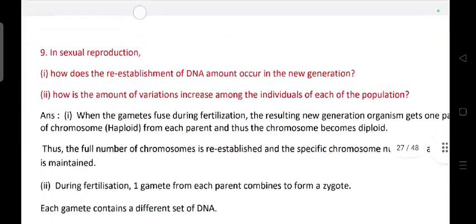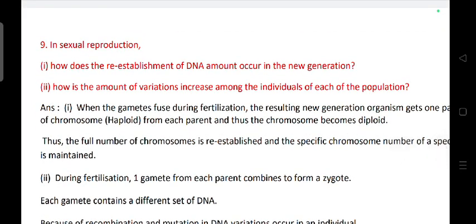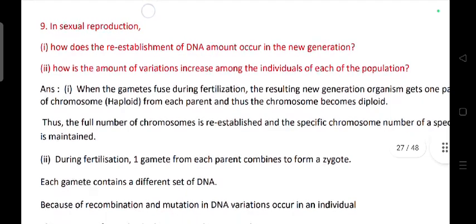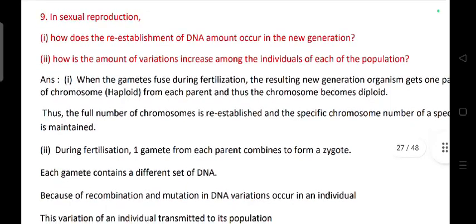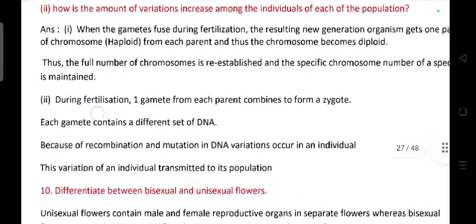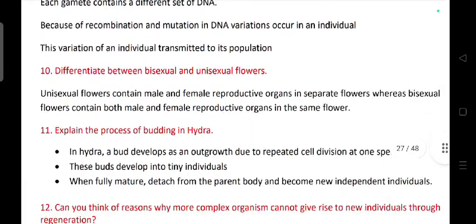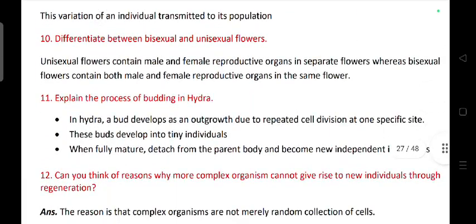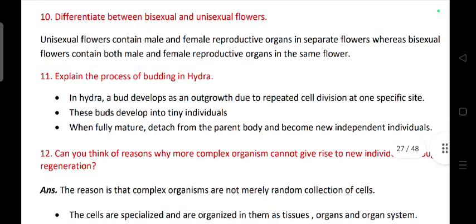Next, question number 9. In sexual reproduction, how does the re-establishment of DNA amount occur in the new generation? How is the amount of variation increased among the individuals of a population? Differentiate between bisexual and unisexual flowers. So unisexual flowers contain male and female reproductive organs in separate flowers, whereas bisexual flowers contain both male and female reproductive organs in the same flower.